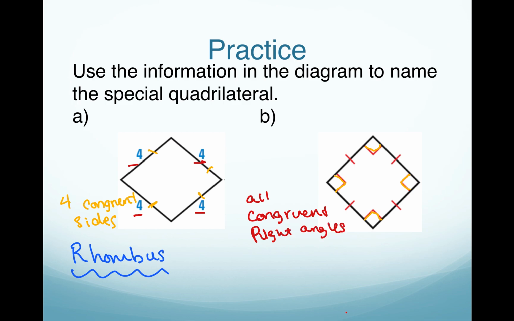And I also notice that all the sides are congruent because they're marked that way. So all sides are congruent. Well, what quadrilateral has 4 congruent sides and 4 congruent right angles? That would be a square.